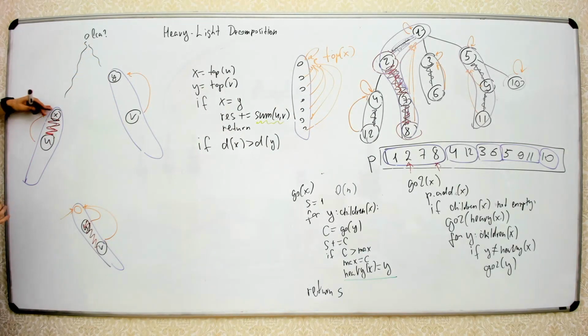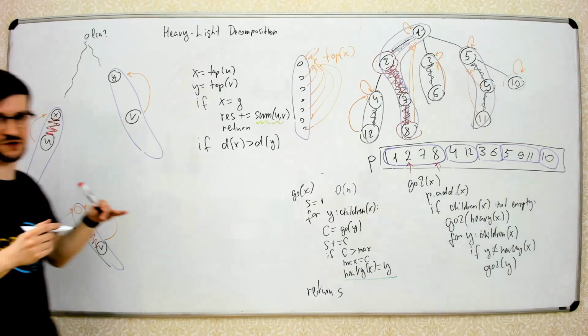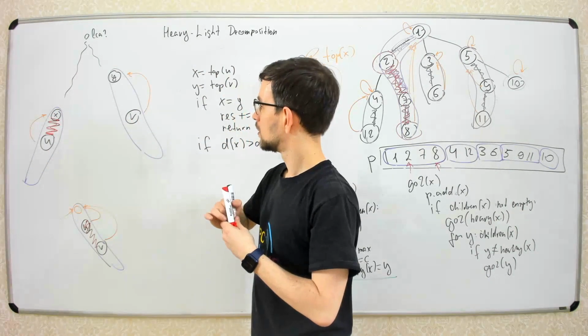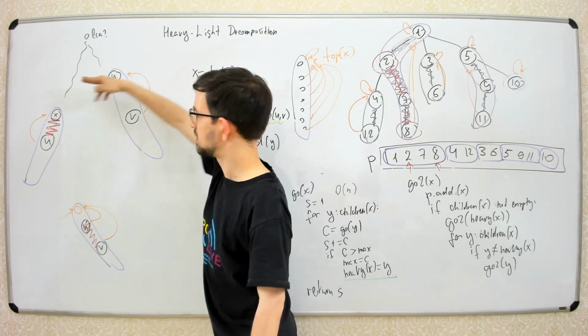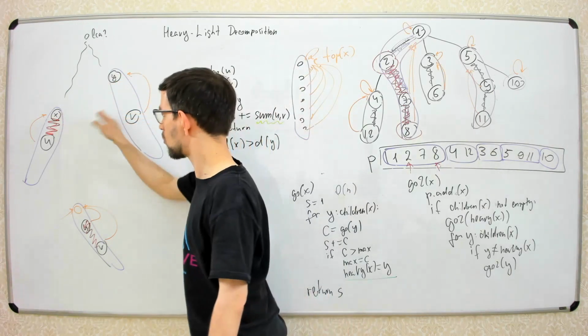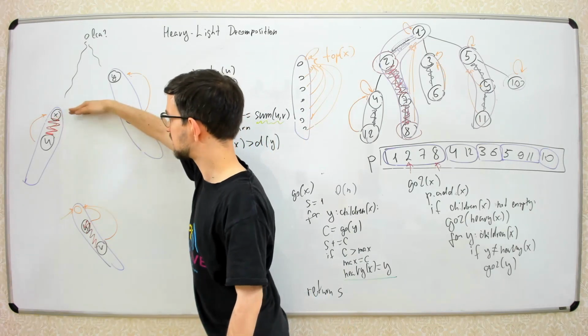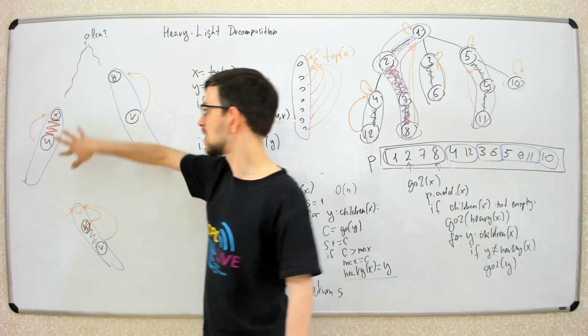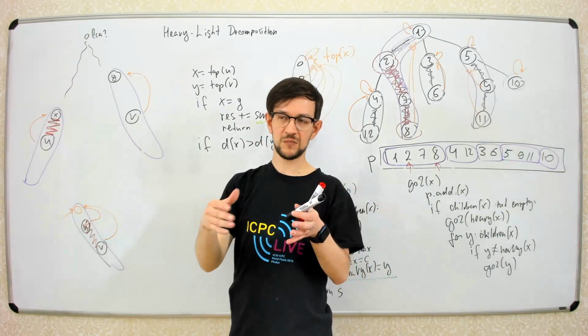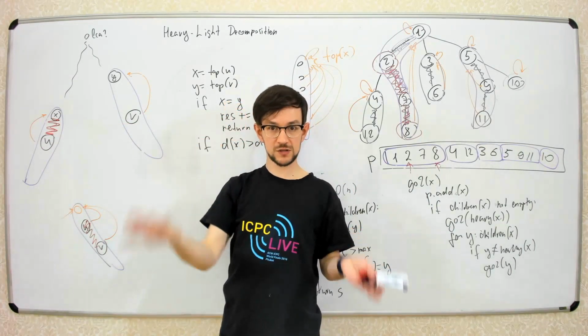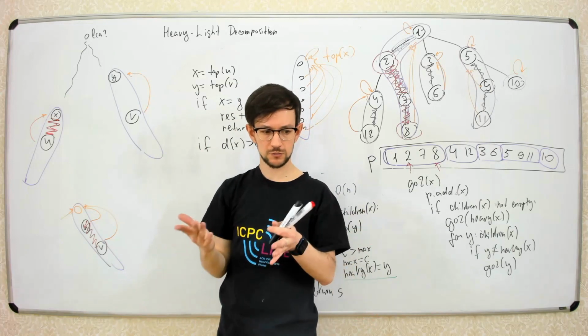And all nodes from X and below are different on these paths. Well, because here you have Y, and on this level you have different parents. It means that all parents from this level and below are different. It means that all these nodes belong to this half of the path from U to V, right?